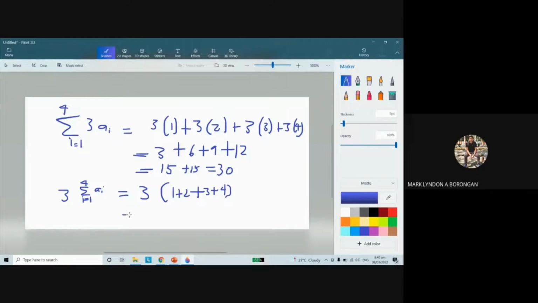Di ba mas dali ra if inani? So this will be 3 times 1 plus 2 is 3. 3 plus 3 is 6. And 6 plus 4 is 10. So, 3 times 10, 30 ra dayon. So, di ba mas dali siya if applyan nato siya property 2? So muna siya ang pulo sa property 2 na to.